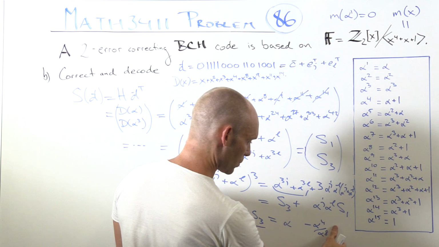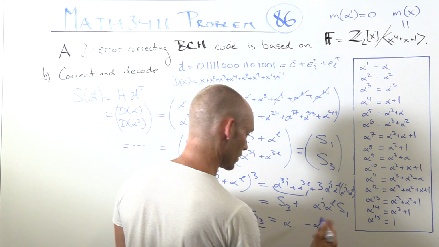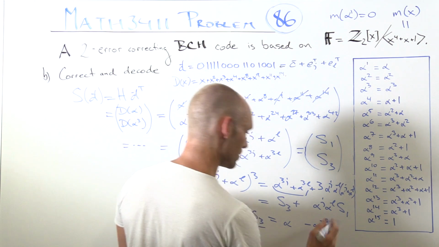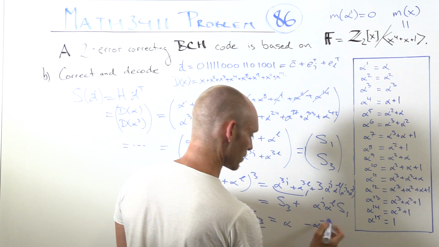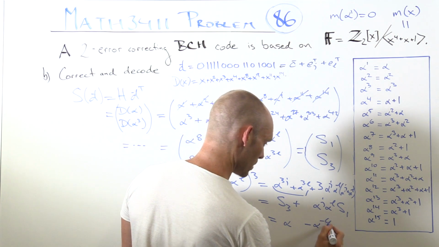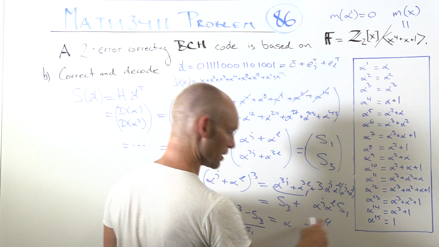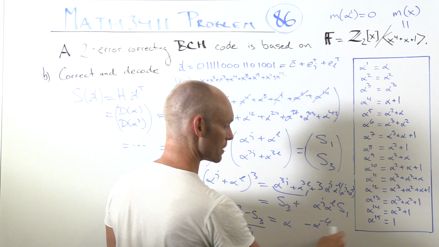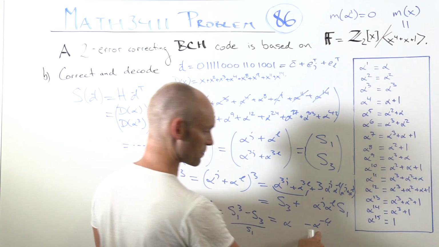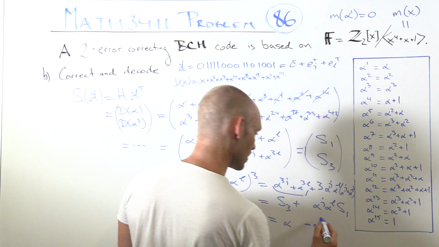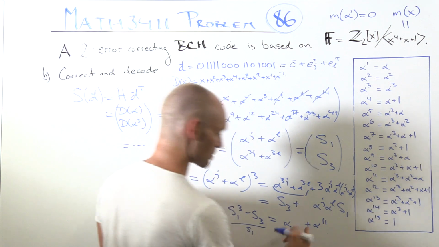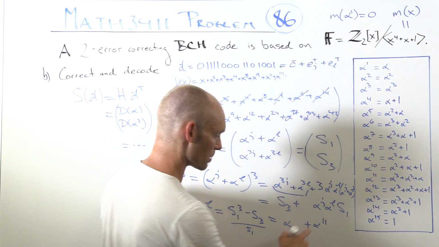Alpha to the power of 4 divided by alpha to the power of minus 8 is alpha to the power of minus 4. Bit messy here. Minus 4 is congruent to 11 mod 15, so we could multiply alpha to the power of 15 onto this and get 11. The minus is the same as a plus when we're working with binary numbers.